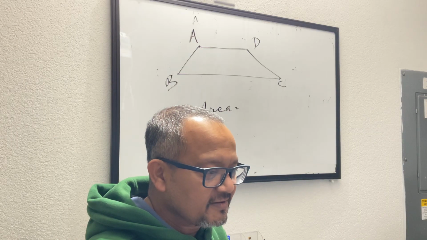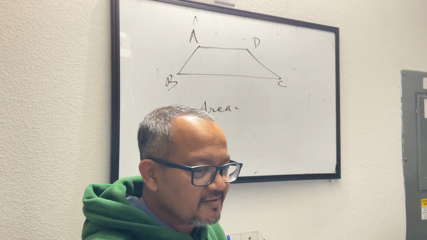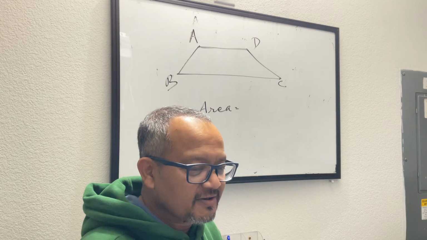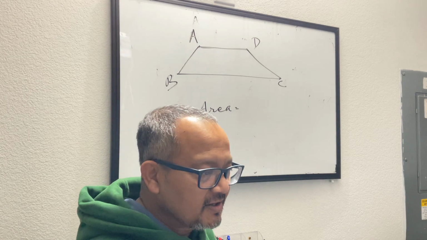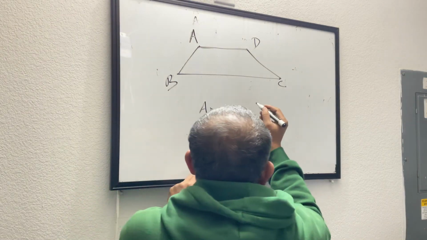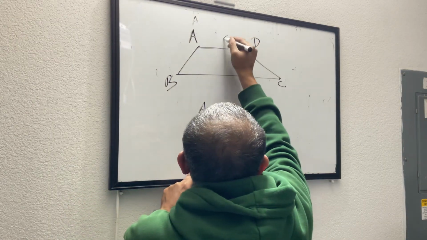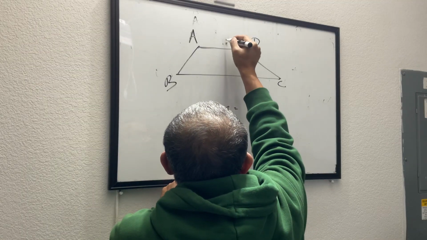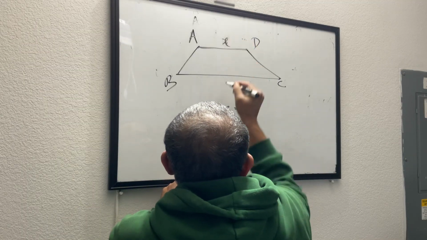Anybody? Viswa? Yes, Sanvita, go ahead. Like the parallel sides added together divided by 2 times height. So you are saying the parallel sides, let's say this is x and this is y.